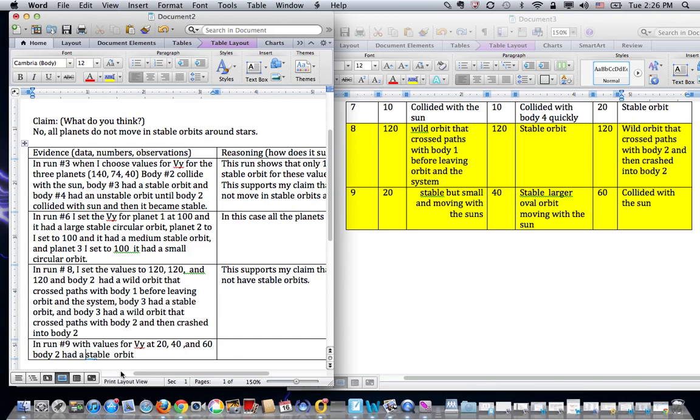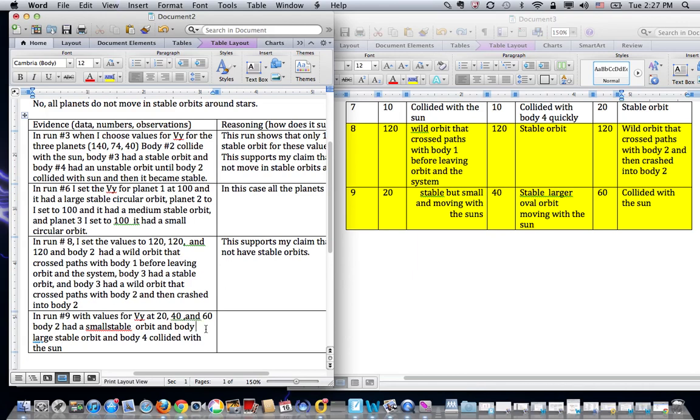And we should say small stable orbit because that's what it says right here. Small stable orbit. And body 2 had a large stable orbit. And body 4 collided with the sun.